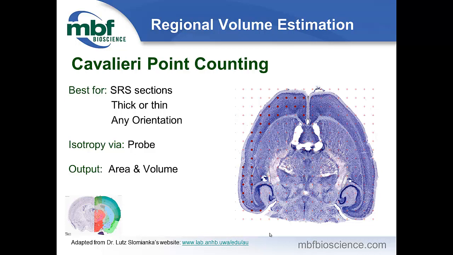In other words, it doesn't matter which direction we section this region, we are going to get an equally unbiased estimate in either direction, so you don't have to worry about sectioning your tissue in any fancy way when you are using Cavalieri point counting.